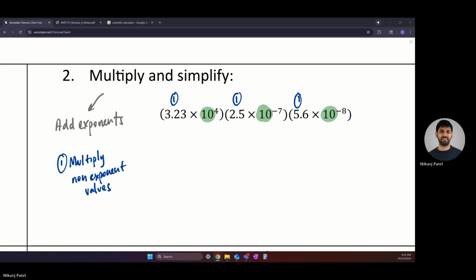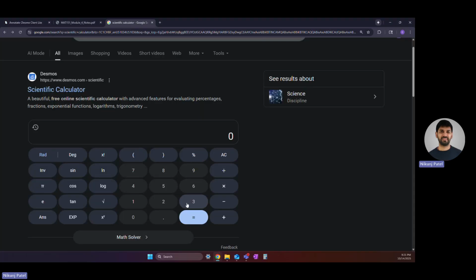So 3.23, 2.5, and 5.6. We would multiply those in our scientific calculator: 3.23 times 2.5 times 5.6. And that gives us 45.22.